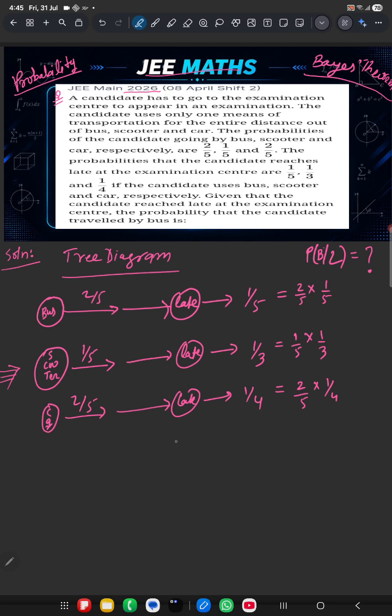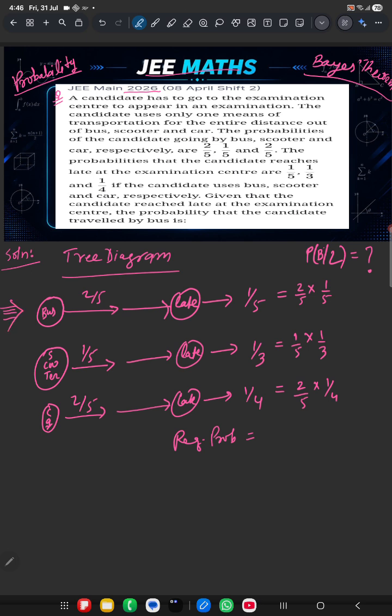Required probability will be, by bus, so just a minute, yes, very good, somebody has reminded me, by bus you have to find.